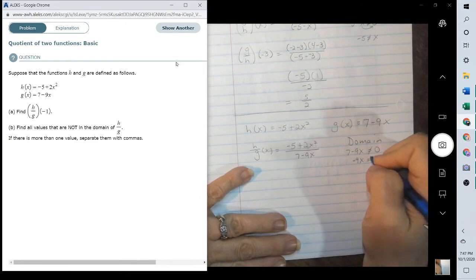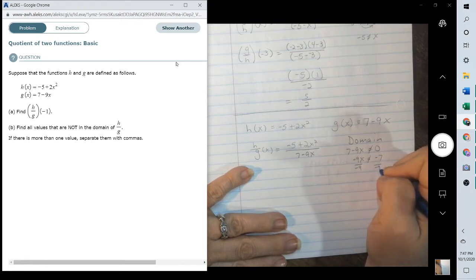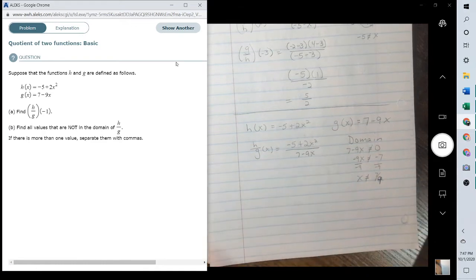Negative 9x cannot equal negative 7. Divide by the negative 9. So we need to omit a negative 7 ninths. Well, negative and negative is a positive 7 ninths.